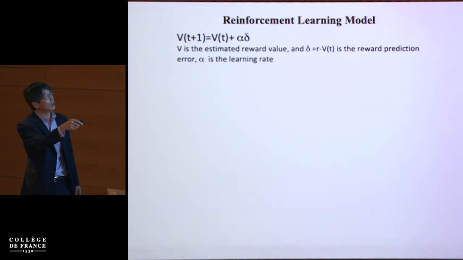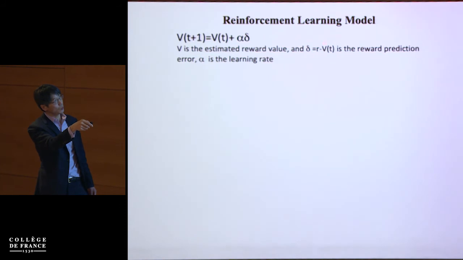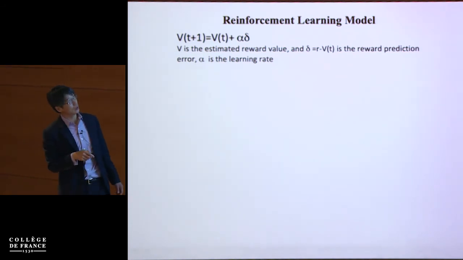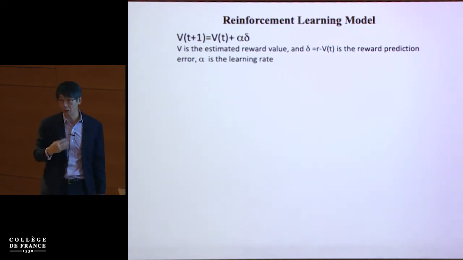And you do that by updating your estimated value V by adding a prediction error signal, delta, which is the actual reward minus expected reward, with a proportion that's the learning rate, how fast you learn the expected value. So for example, if the actual reward is bigger than the expectation, this is positive, you go up, whereas if R is smaller than V, you go down, right?